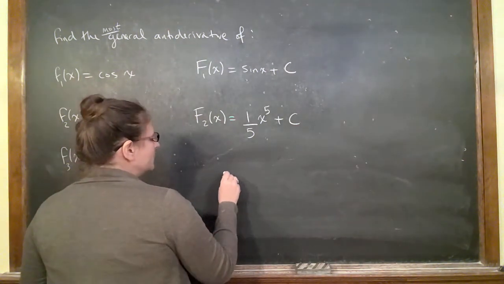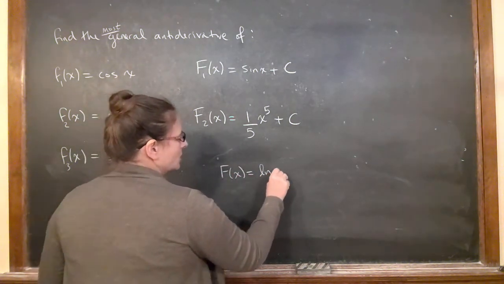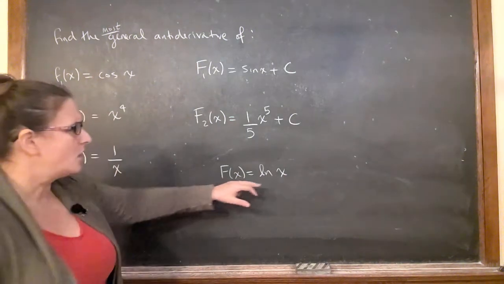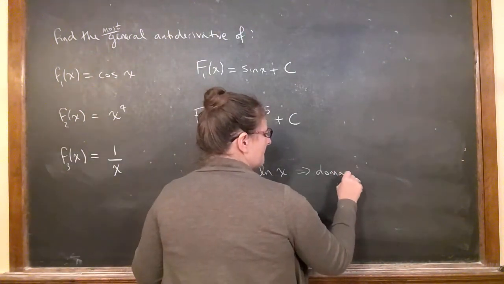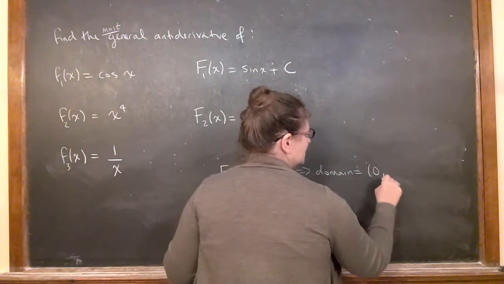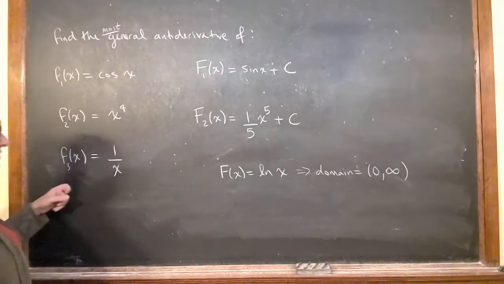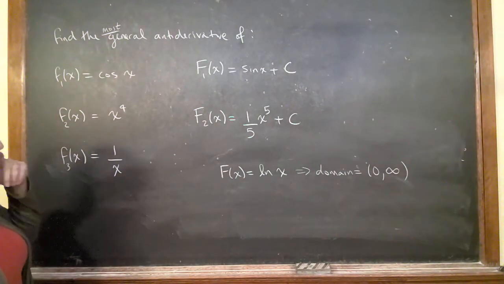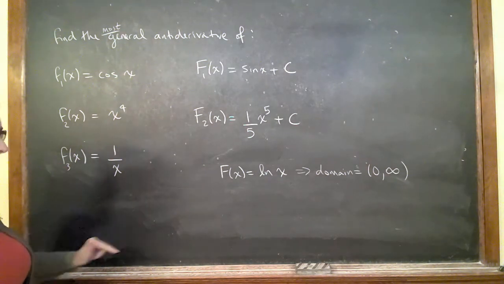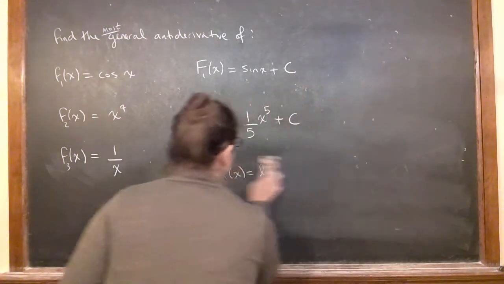But if I just write f of x equals natural log of x, this domain here is only positive stuff, right? Because I can't take natural log of a negative number. But this here, I could also have negative values. So I'm not sure if we talked about this when we learned about logarithms or not, which is why I want to talk about it right now.